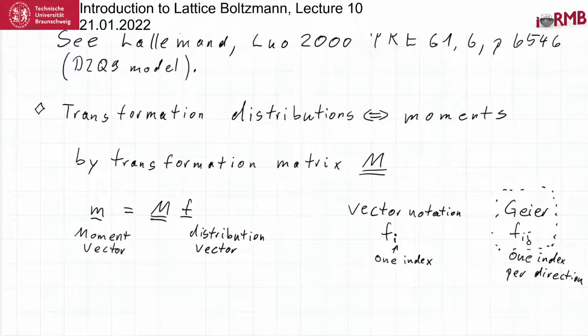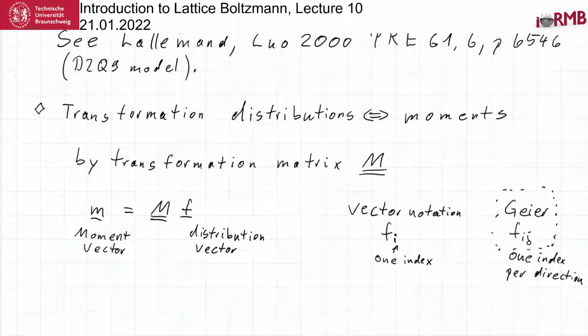However, in the Gaia notation it is always clear how the f's are arranged, whereas in the vector notation you have to have an agreement on what is f1, what is f2, what is f3, and so on and so on.